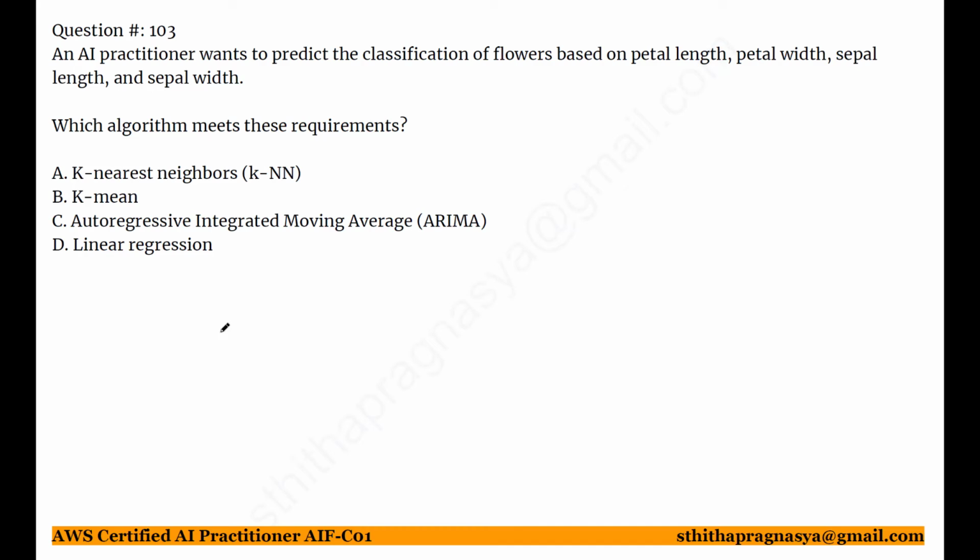This question asks for the most suitable algorithm to classify flowers based on their petal length, petal width, sepal length, and sepal width. This is a classification problem. So which algorithm will you choose for a classification problem? Option A, KNN, which is a supervised learning algorithm used for classification and regression.